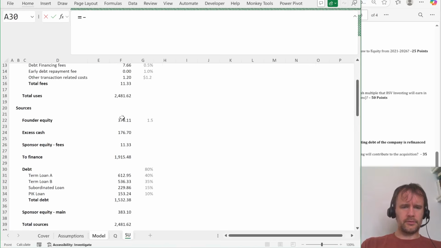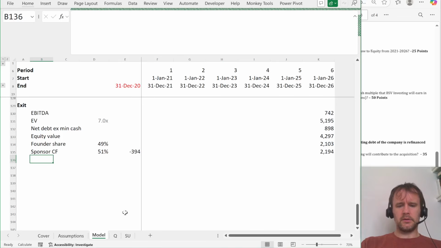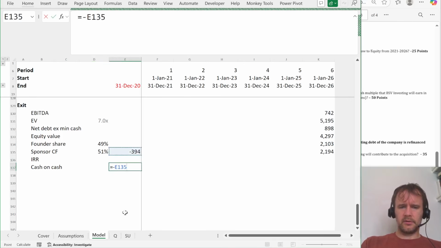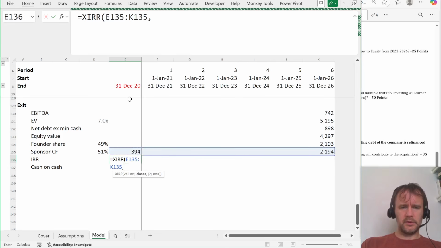Really should have just combined these two into one place, but never mind. So IRR, cash on cash. The cash on cash is just minus the exit divided by ingoing, and the IRR is going to be XIRR of these values and these dates.